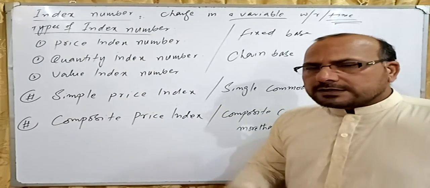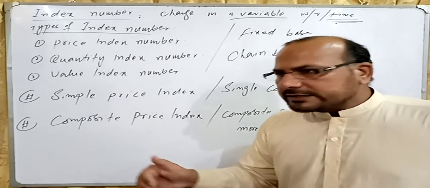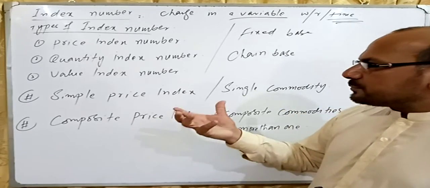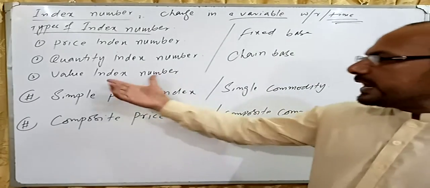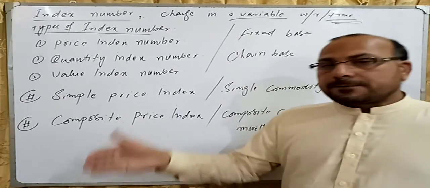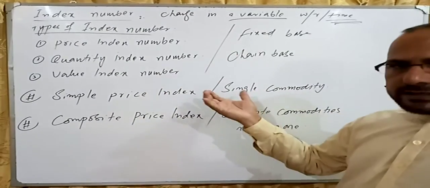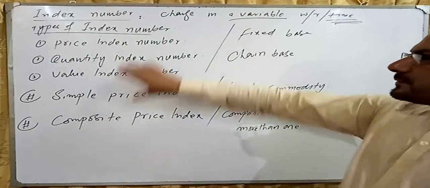Quantity index number: change in the production or quantity of a product from one time period to another. Value index number: change in price as well as change in quantity from one time period to another. These are the three major types of index numbers.